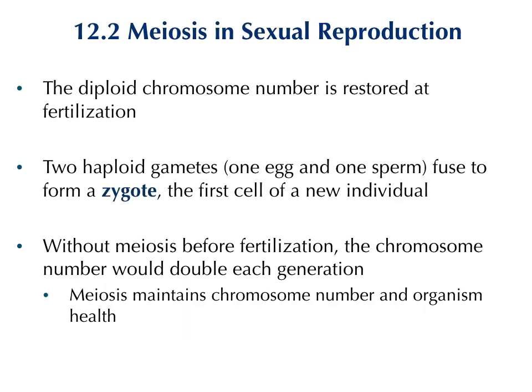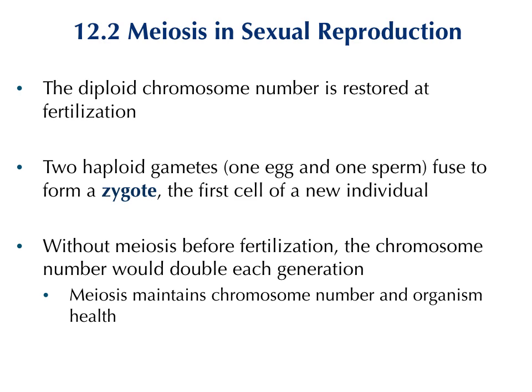In meiosis, the diploid chromosome number is restored when the gametes that were formed are fertilized, or fuse, forming a zygote. Okay? And you can see why this is necessary. Without meiosis, if we fused 2 diploid cells together, we would end up with double our DNA content, and it would keep doubling with every generation.